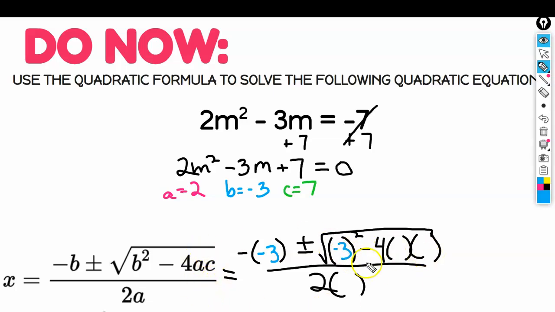Then in this next parentheses, I'm going to put A, which is 2. And then I'm going to put C, which is 7. And then I'm going to put A on the bottom, which is 2. So now that I have this, I'm going to go to Desmos and plug this in exactly as I see it on my paper, if you're writing it down on paper.